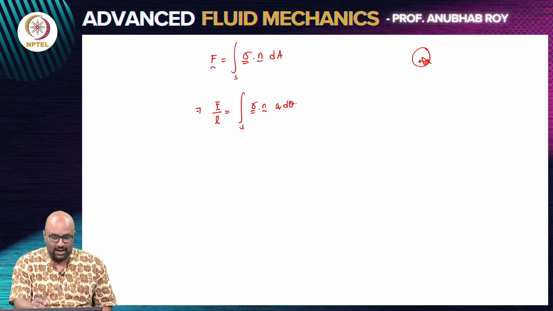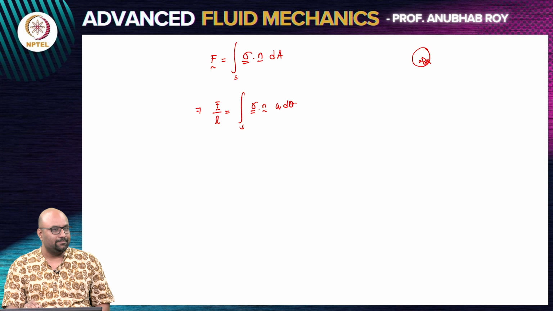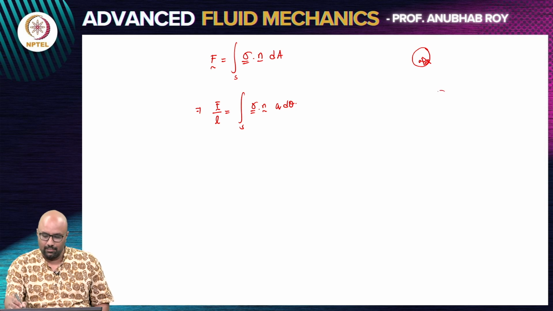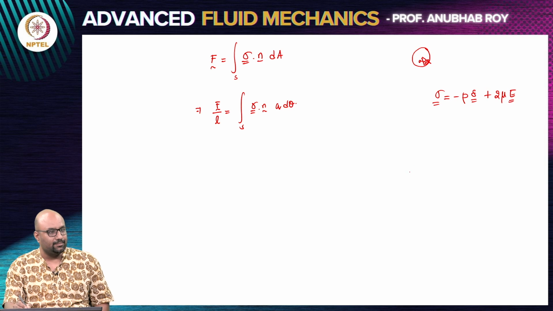The cross sectional area is a d theta L. Now, what is sigma dot n? Sigma, if you go back, you remember that for a Newtonian fluid, it has a contribution from pressure and it has a contribution from the viscous term.